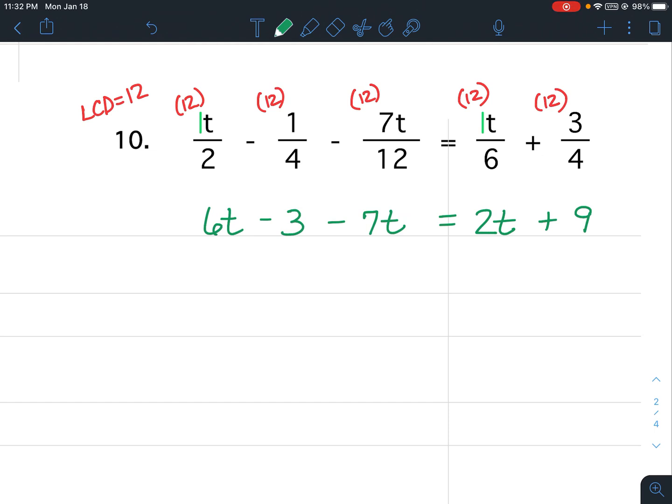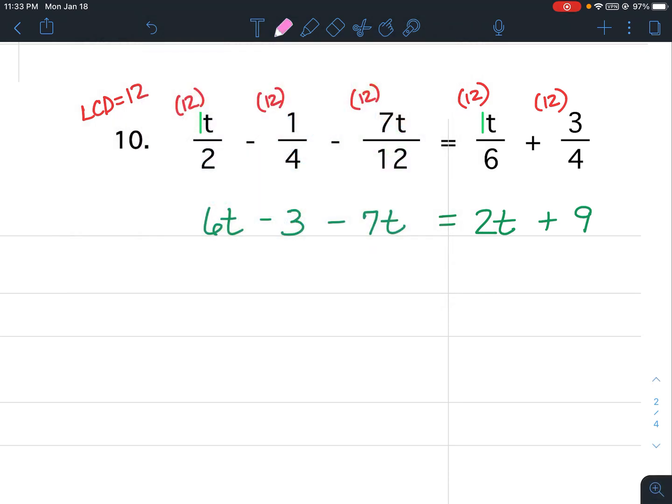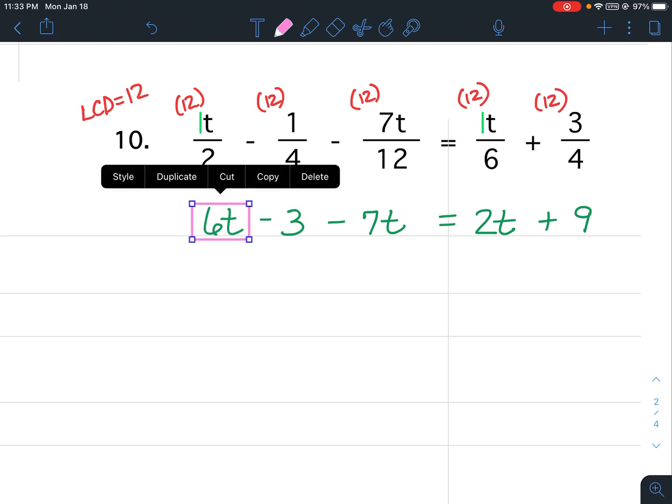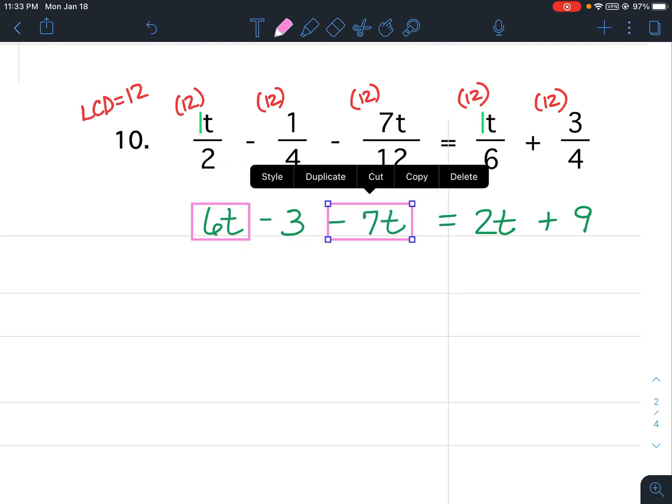All right, now it's time to combine like terms. All right, so I have 6t, negative 7t, and negative 3.